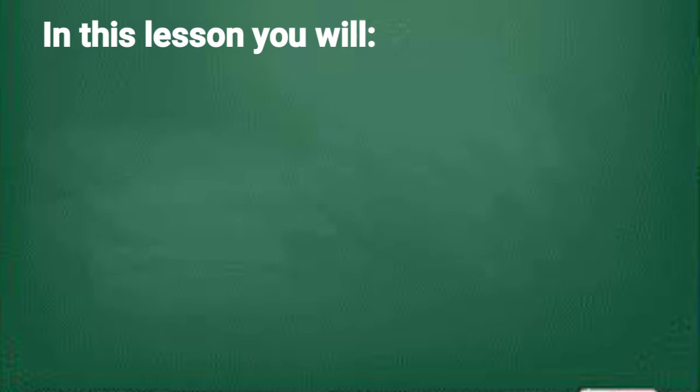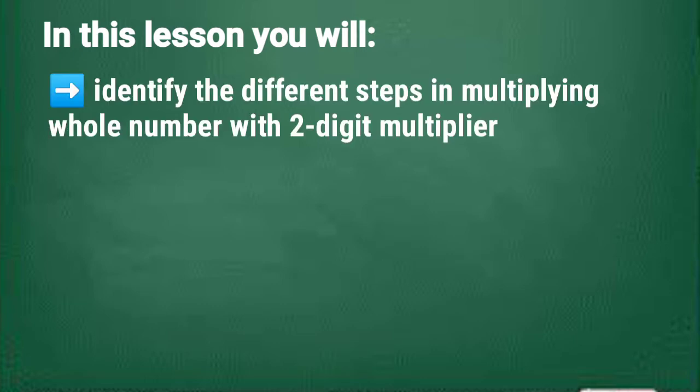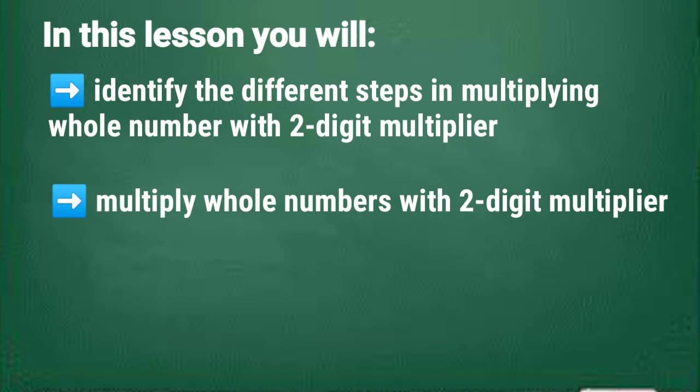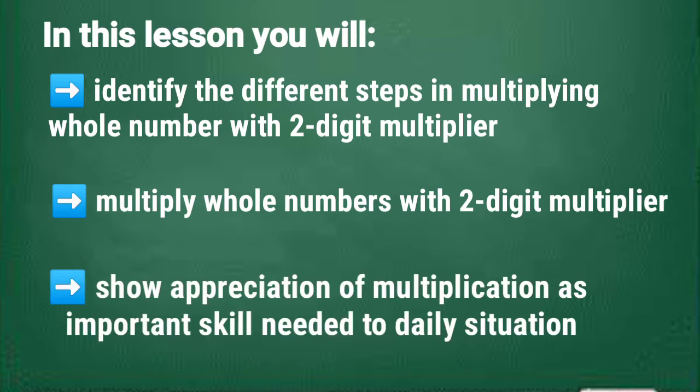In this lesson, you will be able to know the different steps in multiplying whole numbers with a two-digit multiplier. You will be able to multiply whole numbers with a two-digit multiplier, and of course, you will show appreciation of multiplication as an important skill needed in daily situations.